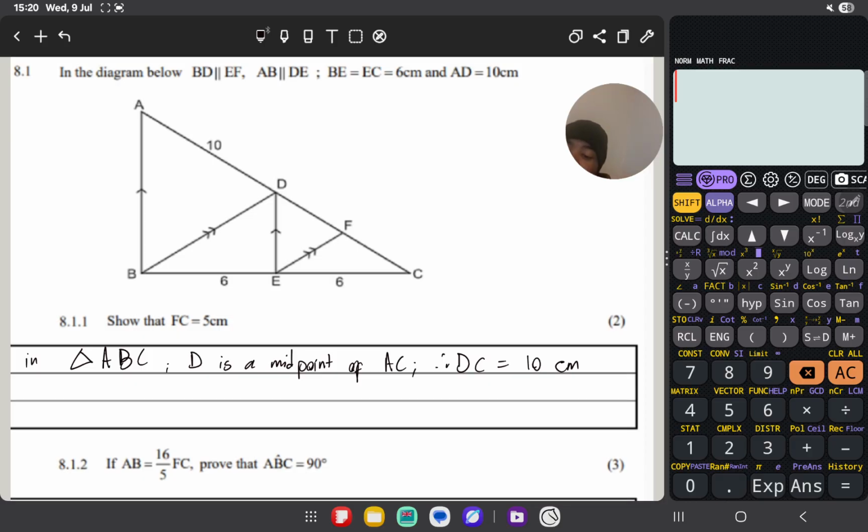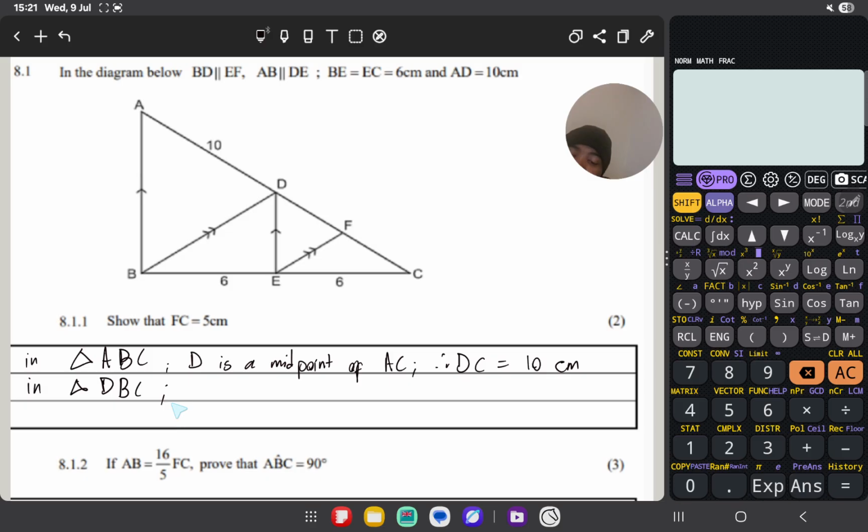And now let us shift our focus to triangle DBC. Right, you have E being the midpoint of BC. Here's E, a midpoint of BC. You have parallel lines BD and EF.